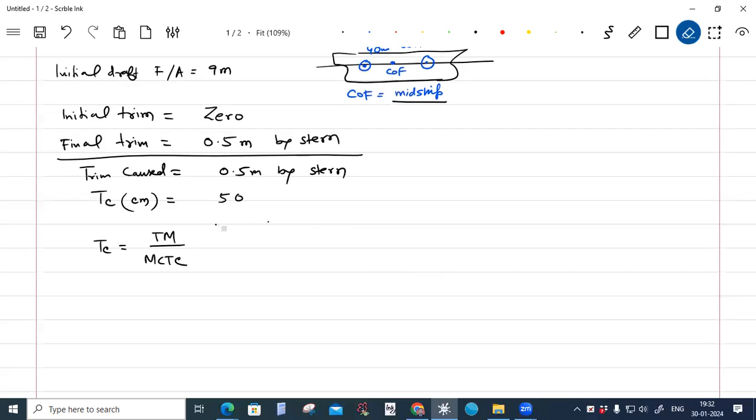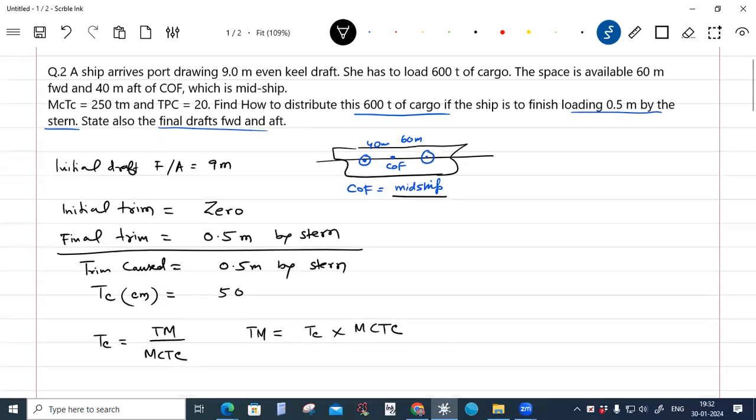TM is trimming moment. So trim caused in centimeter is trimming moment divided by MCTC. Can you find the trimming moment? Trimming moment will be trim caused in centimeter into MCTC. Make sense? Yes, sir.